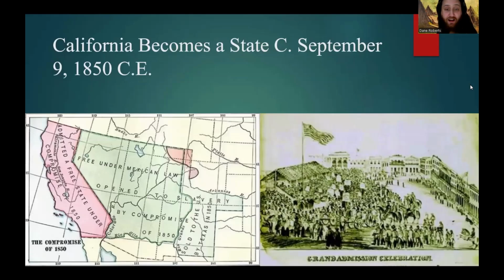Then, on September 9th, 1850 CE, California would become a U.S. state, would become a United State.